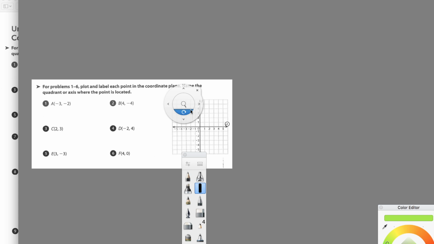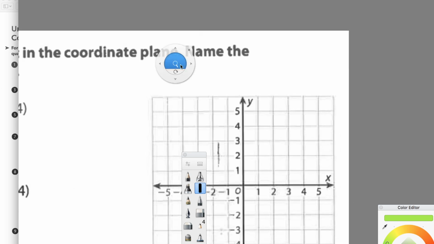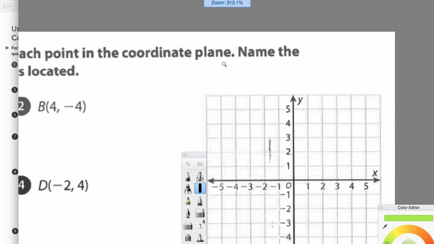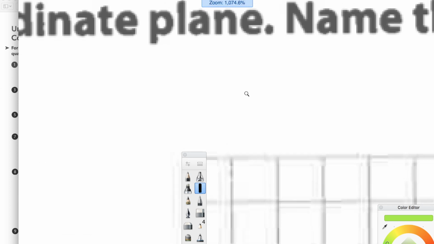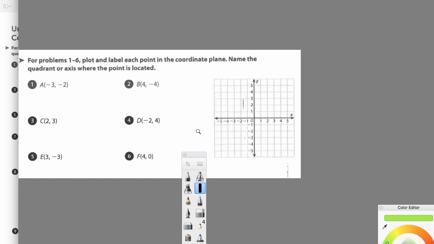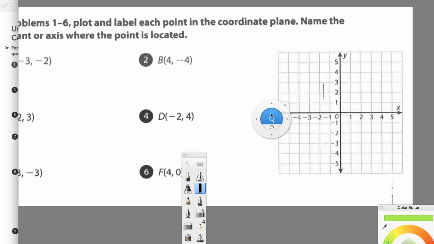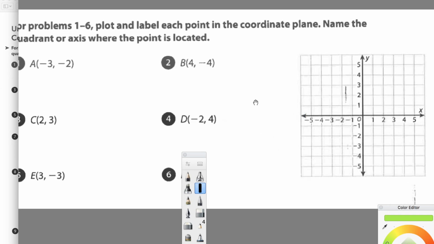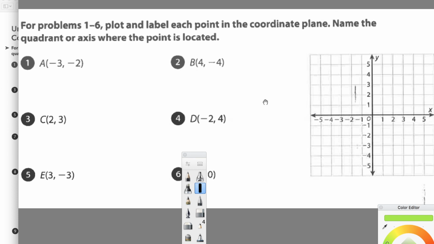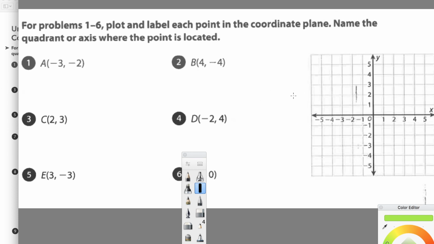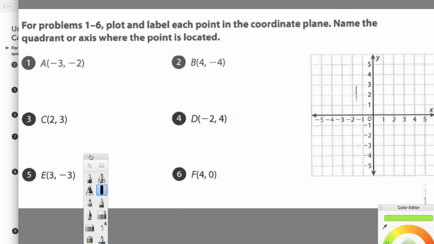All right, zoom in, zoom in, zoom in. That'll be enough. Now, it says plot and label each point. So we need to find it and also put a letter for it.